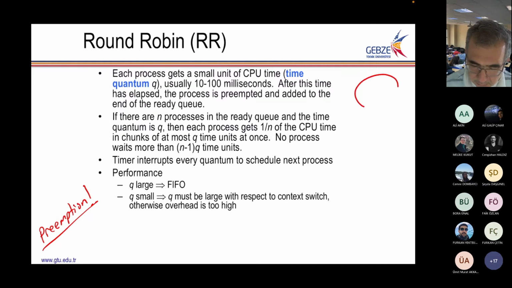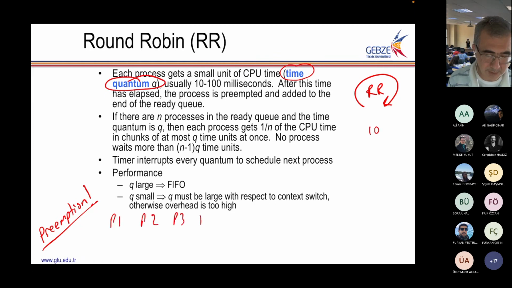So it is called round robin. In round robin, there is a notion called time quantum. Let's say it is 10. So when you have P1, P2, P3, P4, etc., you execute 10 milliseconds from each and continue to the other.